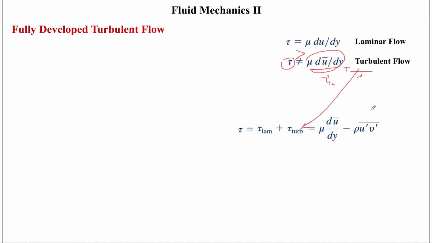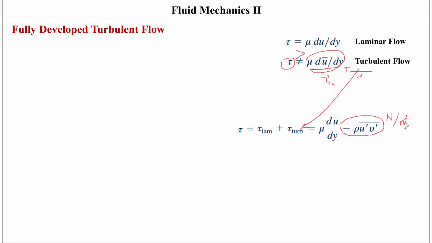So the turbulent shear stress is equal to this value here. And this is called Reynolds stresses, okay? Any stresses that are of this form are called Reynolds stresses. You can check the units as well. They're in Newton per meter square. These are called Reynolds stresses.